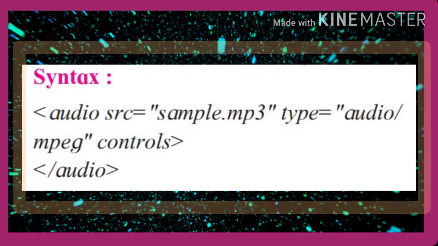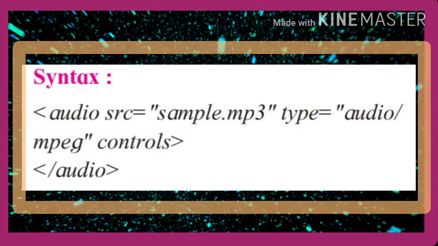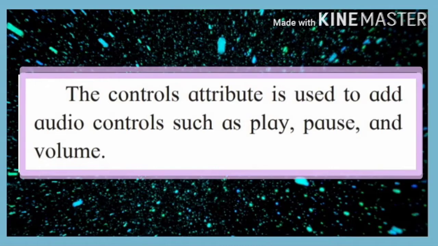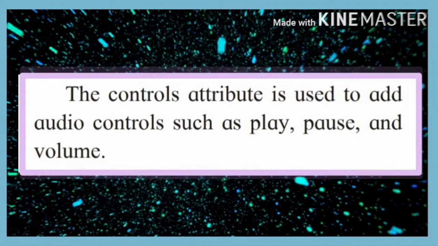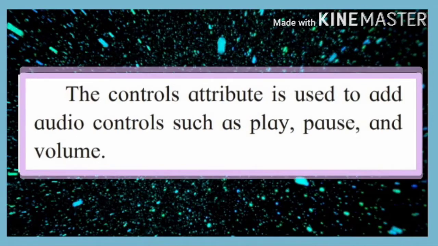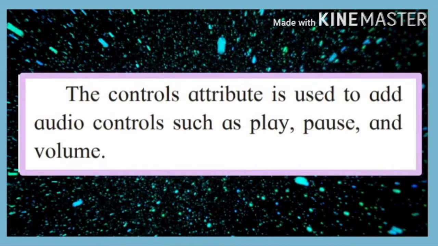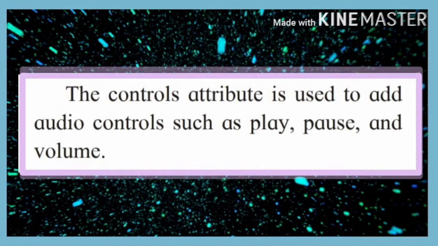Type attribute having the value audio/mpg, and third is controls attribute. The controls attribute is used to add audio controls such as play, pause and volume. So controls is one of the most important attributes of audio tag.